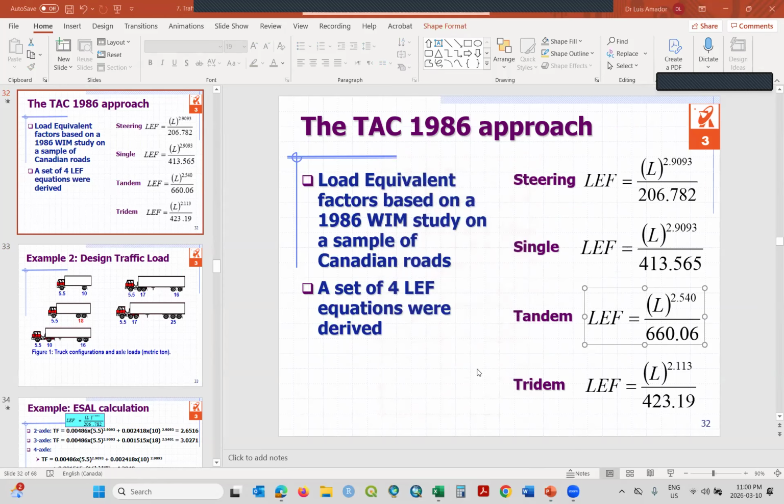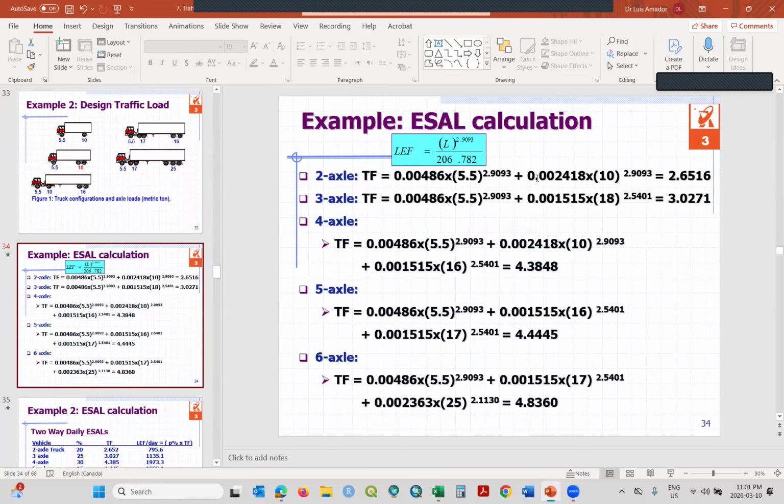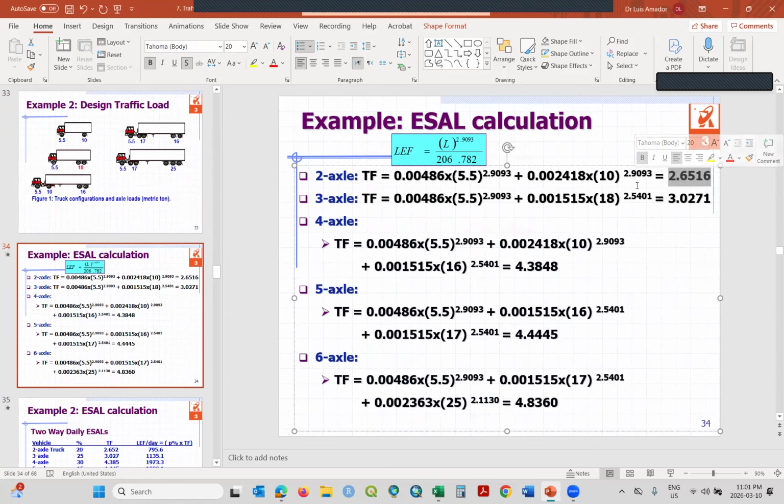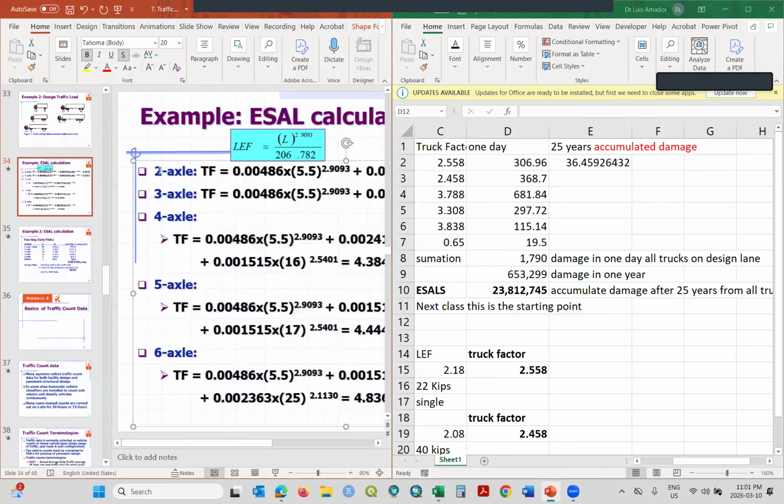Is this clear? So you take the loads and you plug them in directly in there. When you do that, you will estimate the load equivalency factor for every axle, and then you can add them all. This will give you truck factors at the end. It's the same approach we did before. Instead of using the table, we're using the equations. Now, look at my truck factors based on TAC.